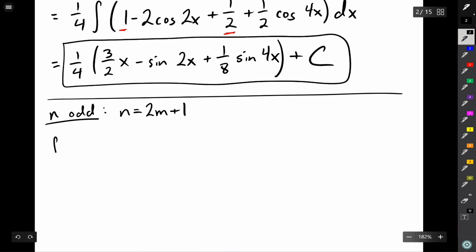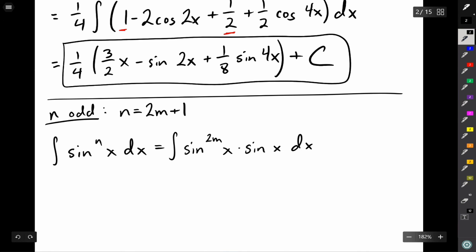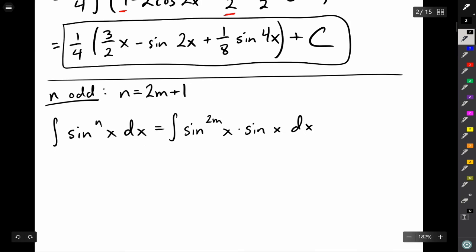Okay, if that's the case, then the integral of sine to the nth power of x dx is the integral of sine of x to the 2m times sine of x dx. Now this 2m power here, we just want to rewrite it as sine squared x to the mth power times sine of x dx.